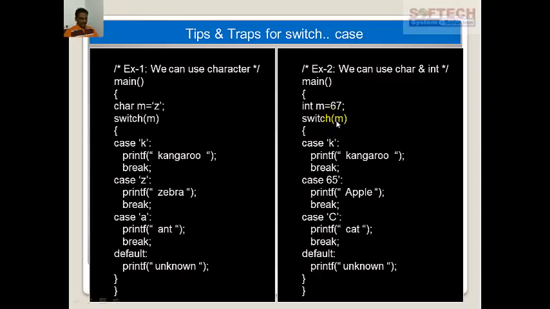65, in the ASCII chart, the ASCII character for ASCII value 65 is capital A. So 66 is capital B, 67 is capital C. M is 67, so capital C is there, so it prints cat.